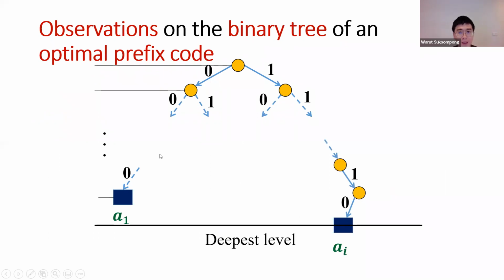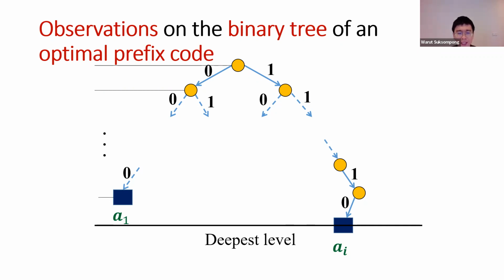So let's suppose we have this tree. In the internal part we don't know what's going on, but somewhere we have the deepest level, and there's a leaf for letter Ai, and then somewhere else there's a leaf for letter A1. Remember, A1 is the least frequent character.